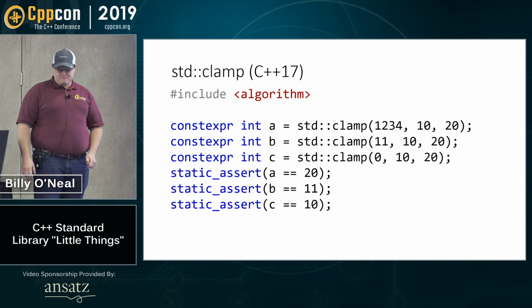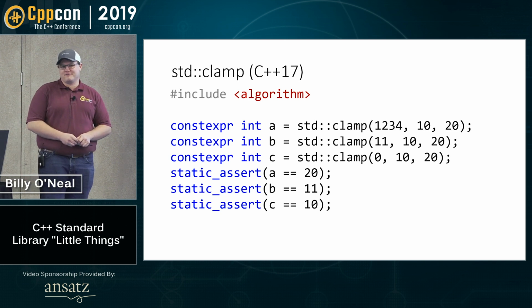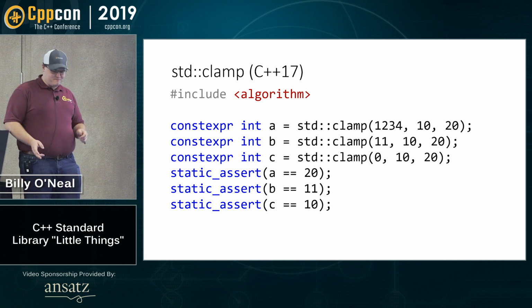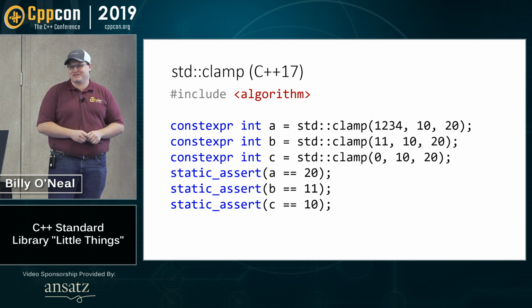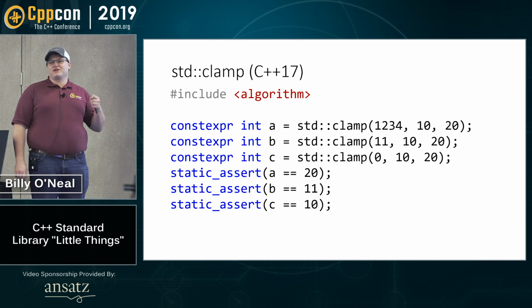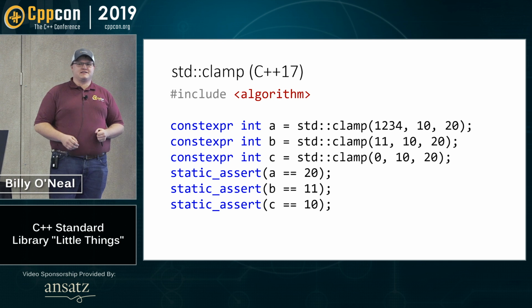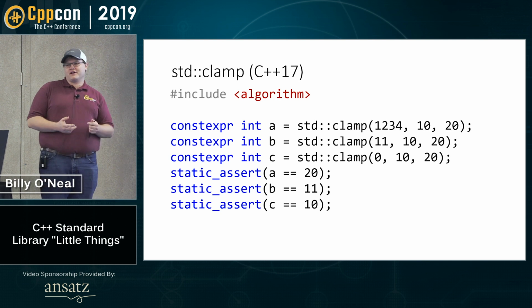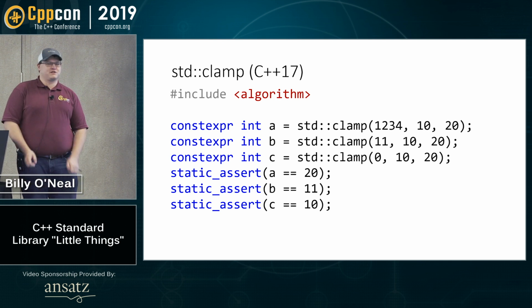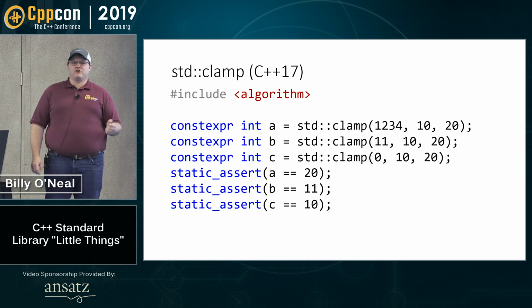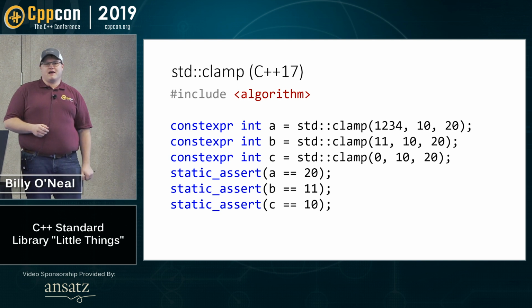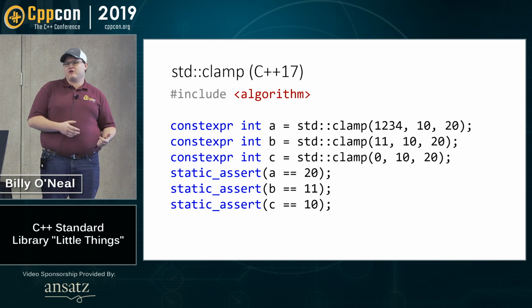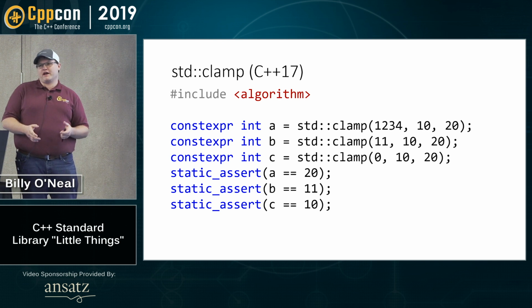Here's somewhat more different, and I included this because I've written one of these in every single code base that I worked on before I worked on the standard library implementation. So std::clamp. What clamp does is it gives you effectively saturated behavior for numbers. You say, I want this value to be in between these two other values, and if the supplied value is outside the range in either direction, you will saturate on the end of the range.